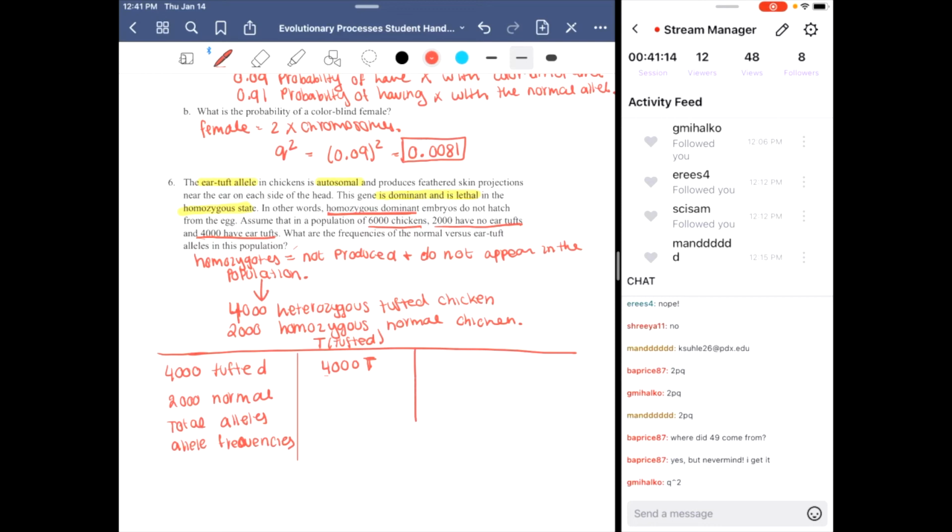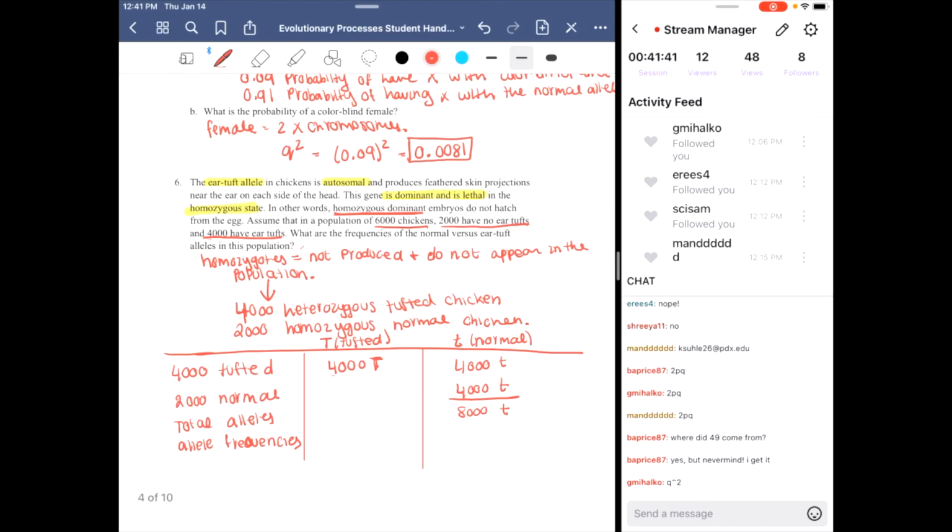But for the normal one, which is the little t, we know the normal can exist in a homozygous state, so one allele can contain the little t and another allele can also contain the little t. That gives us 8,000. And the total, if we add all that up, gives us 12,000.